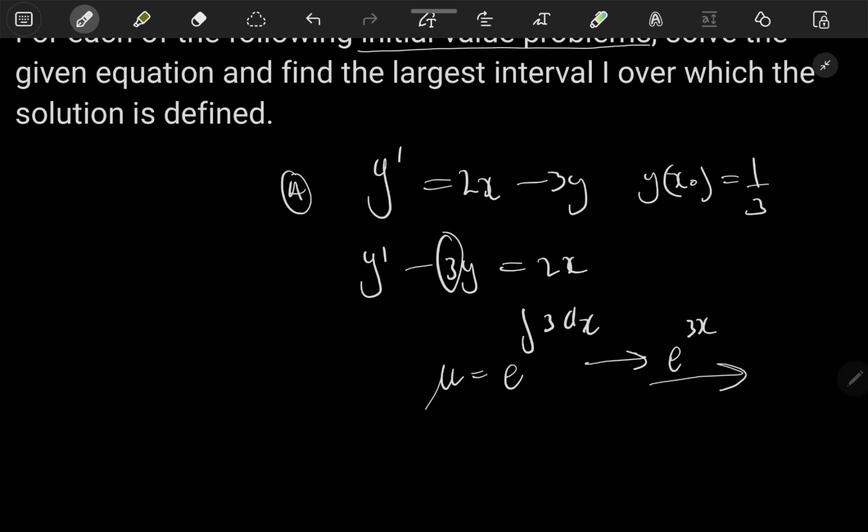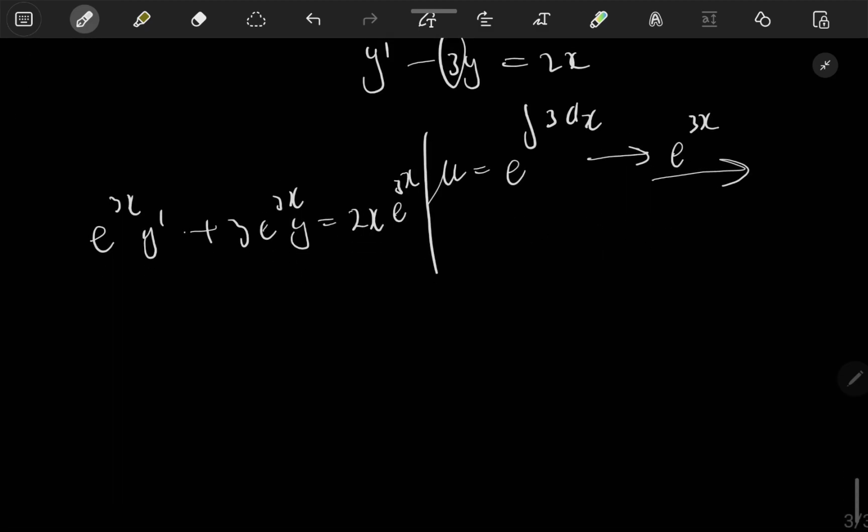Then you can multiply by our mu throughout, and if we do that, we'll have e^(3x) y prime plus 3e^(3x) y equals 2x e^(3x). From here we can observe that it looks like a chain rule.